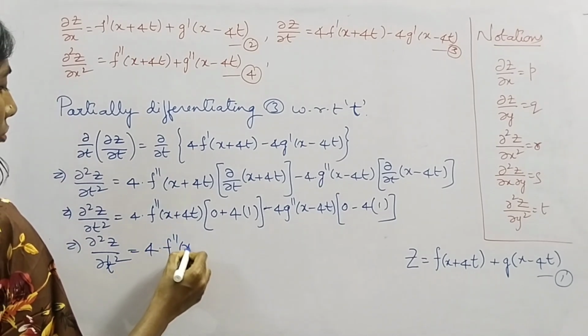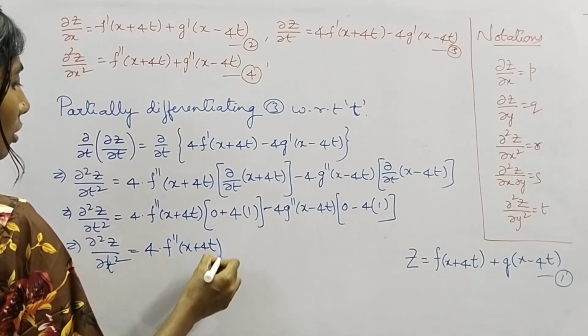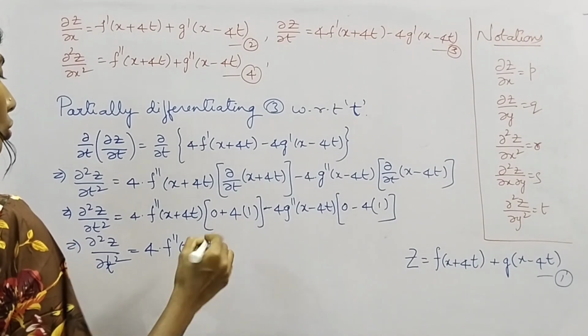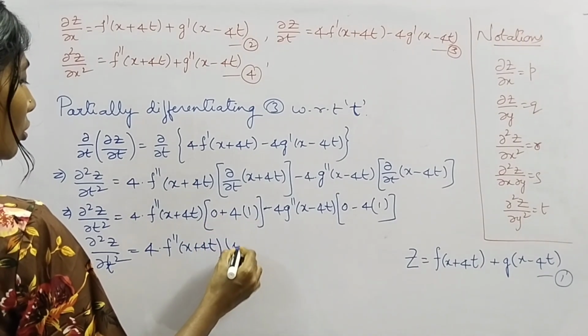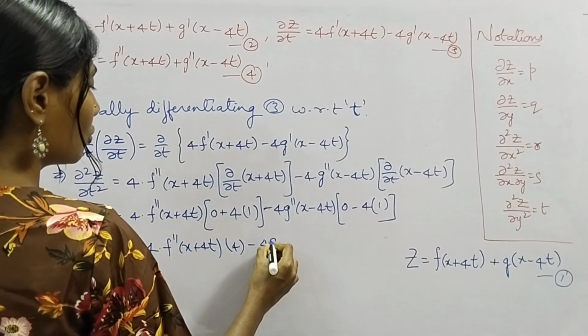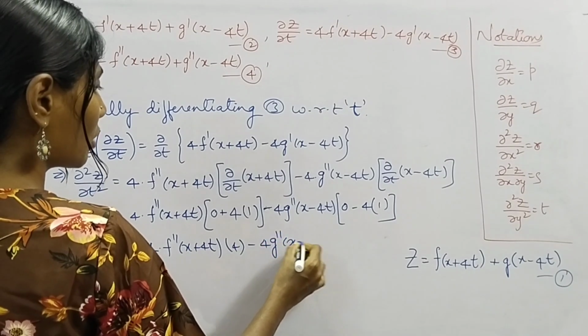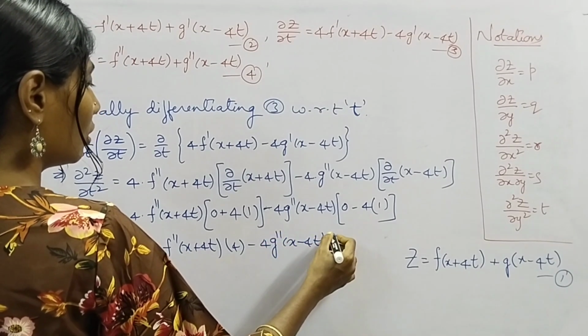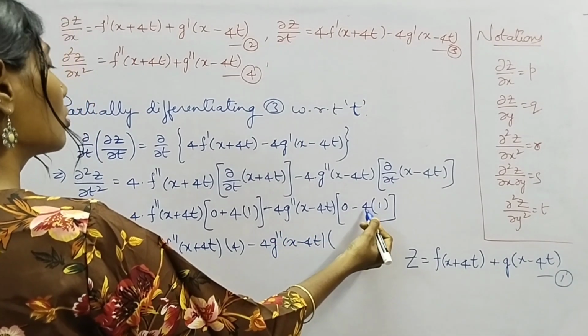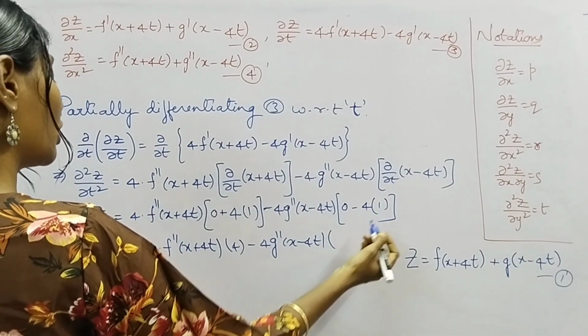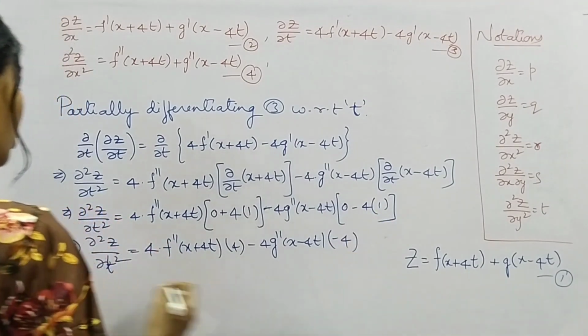This gives us dou square z by dou t square equal to 4 into f double dash of x plus 4t into 4 into 1, 4, 4 plus 0, 4, minus 4 into g double dash of x minus 4t into minus 4 into 1 is minus 4, 0 minus 4 is minus 4, right?